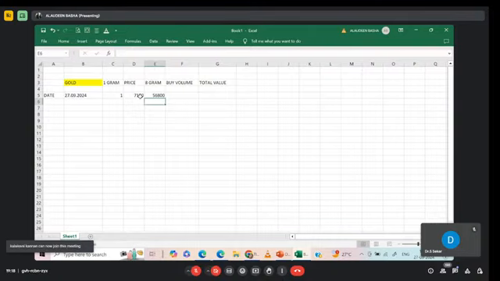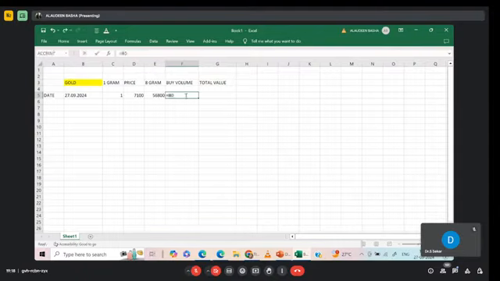For example, just think today you are going to invest 80 grams. That means 80 divided by 8, how many sovereigns? 10. Very good. So I just press enter.